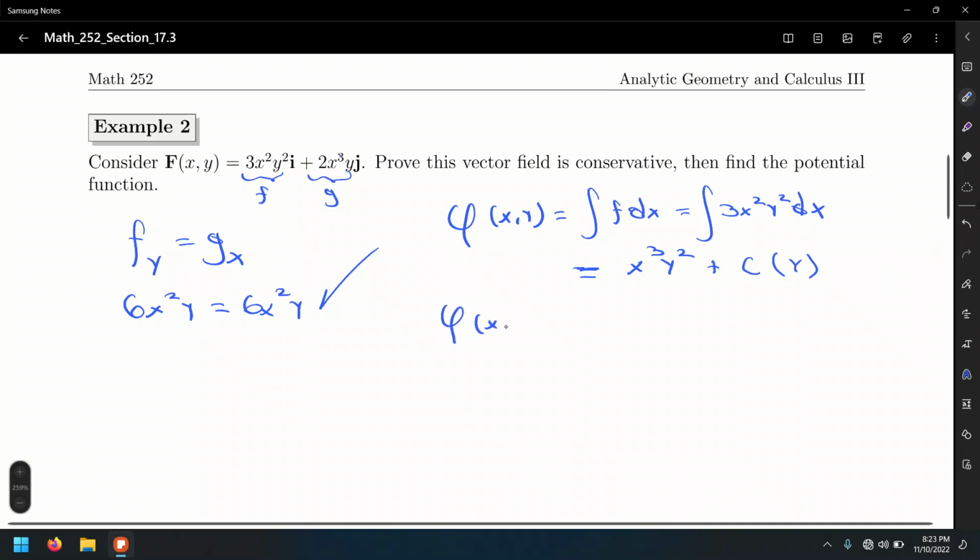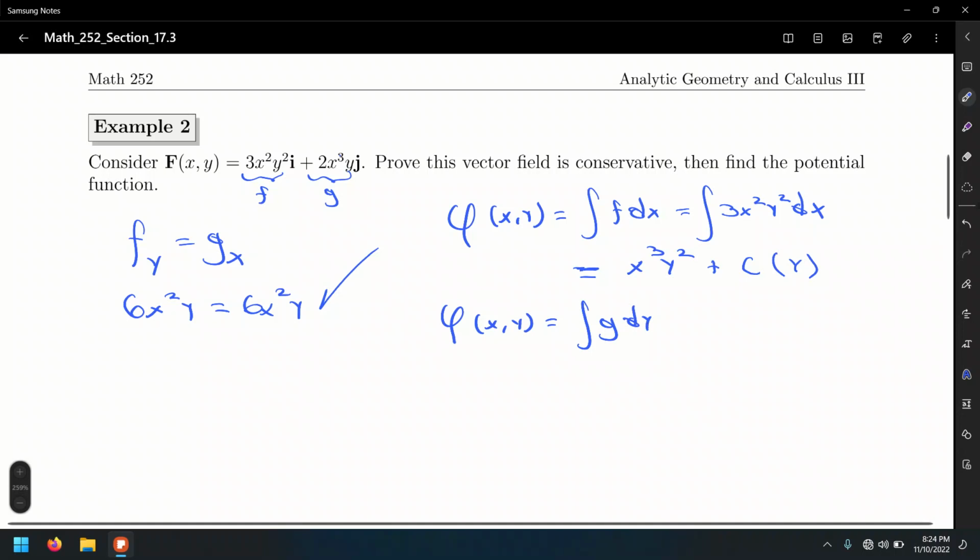Phi of x, y equals, this time, the integral of g, this time with respect to y. Because to get the gradient, we got the second component of the gradient by taking the derivative of the function phi with respect to y.